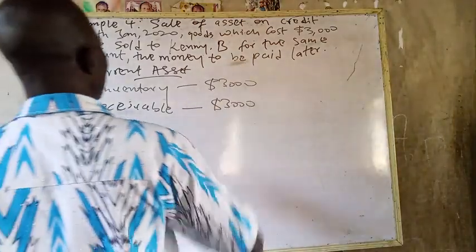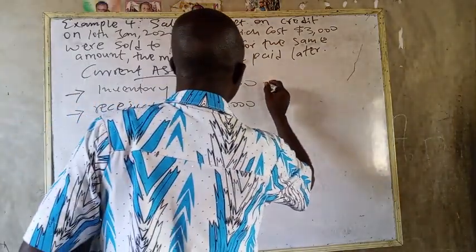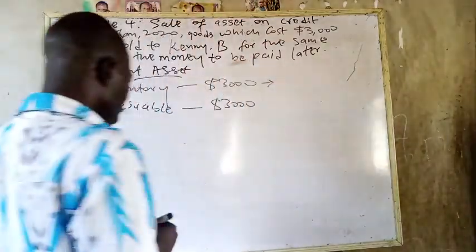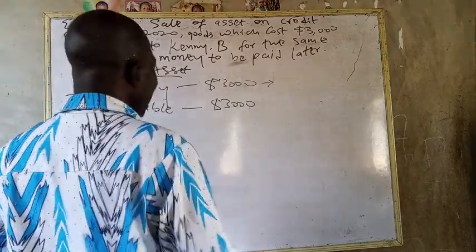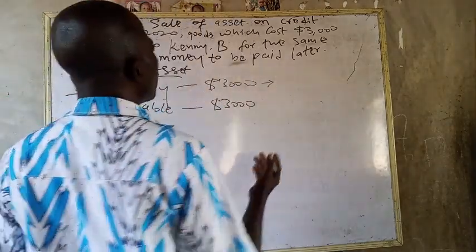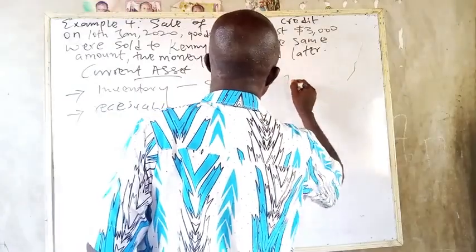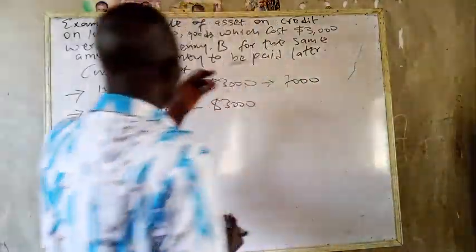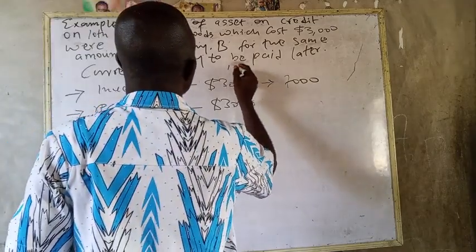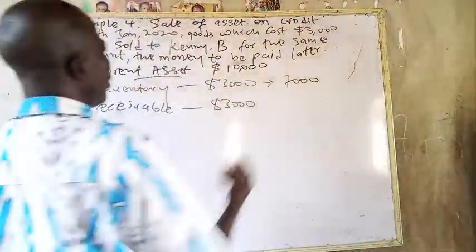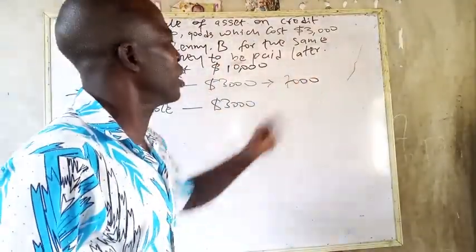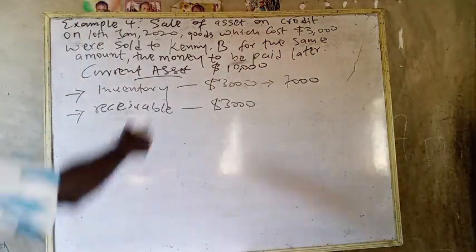But in this case, how much do we have in the inventory before? We have 10,000. That means our inventory is going to remain what? 7,000. We deduct 3,000 from the $10,000 that we had before. You may be wondering how our inventory remains 7,000 when we open the balance sheet.